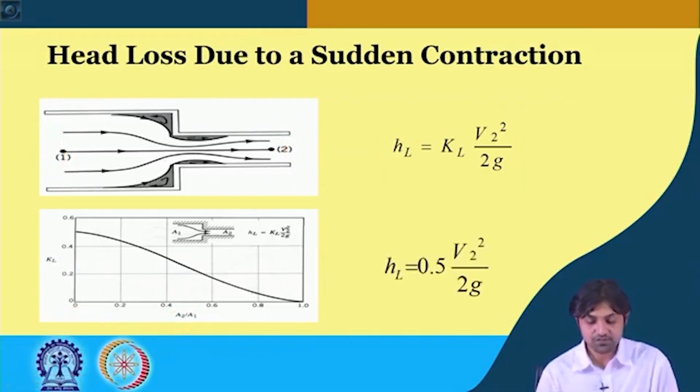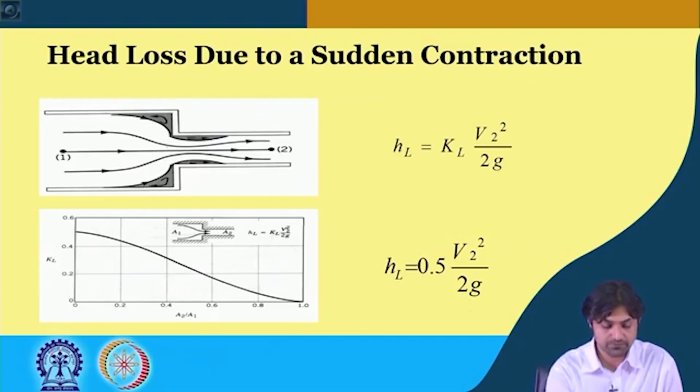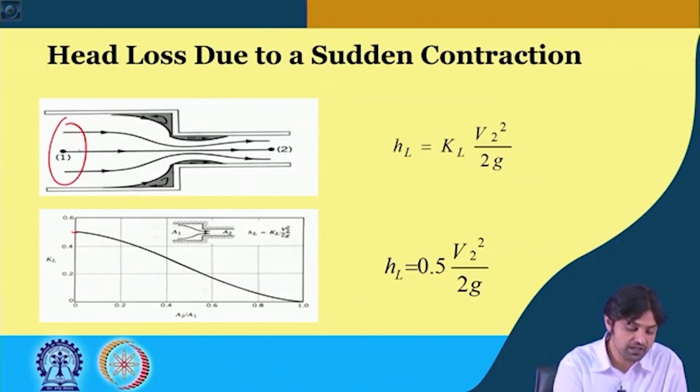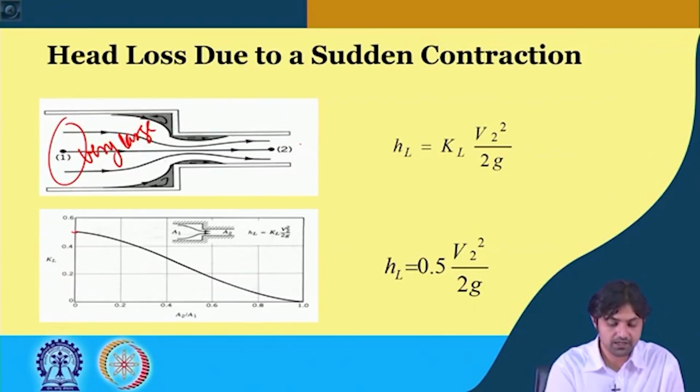So, in case of sudden contraction, you can assume safely KL as 0.5. This means A2 was 0. Basically A2 is not 0, but A1 is so large, like a reservoir compared to this area.